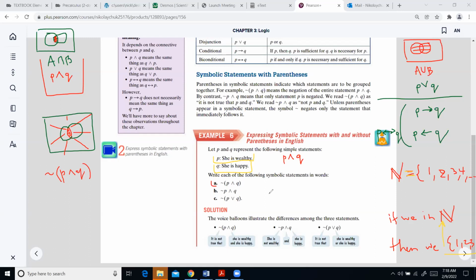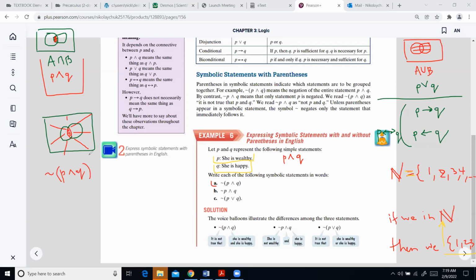So how can I write this with words? Well, looks like you say not she's wealthy and she's happy at the same time. So we're looking, in other words, at all people that are in the complement of being both wealthy and happy.